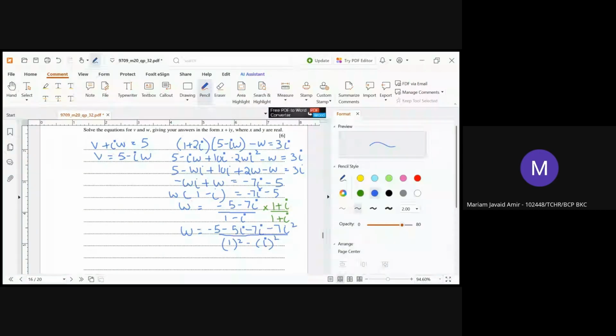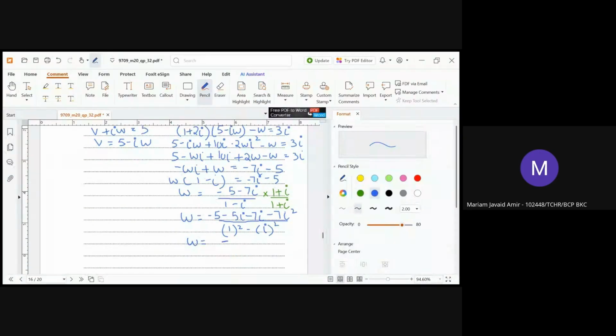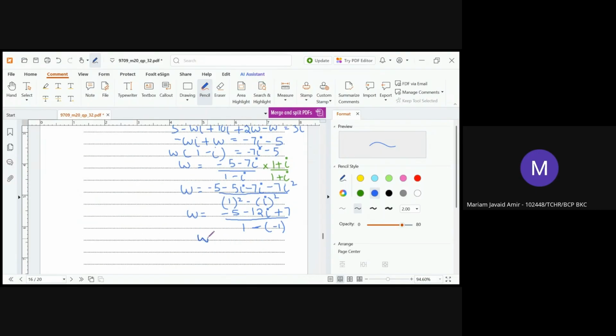So we have w equals minus 5, we have minus 12 iota, then plus 7, because iota squared is minus 1, and denominator is a squared minus iota squared, which is 1 plus 1. So we have a 2 in the denominator. So we have (2 minus 12 iota) upon 2. Take 2 common in the numerator, cancel it with the denominator. So w is equal to 1 minus 6 iota.